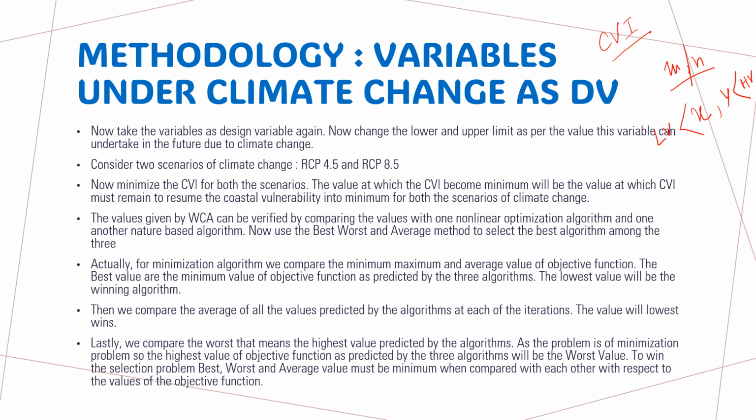Now we are doing the same thing in the third step, but here we are inducing the impact of climate change. So what happens is we change the lower value and higher value of the x's and y's as per the estimation made for them in RCP 4.5 and RCP 8.5.